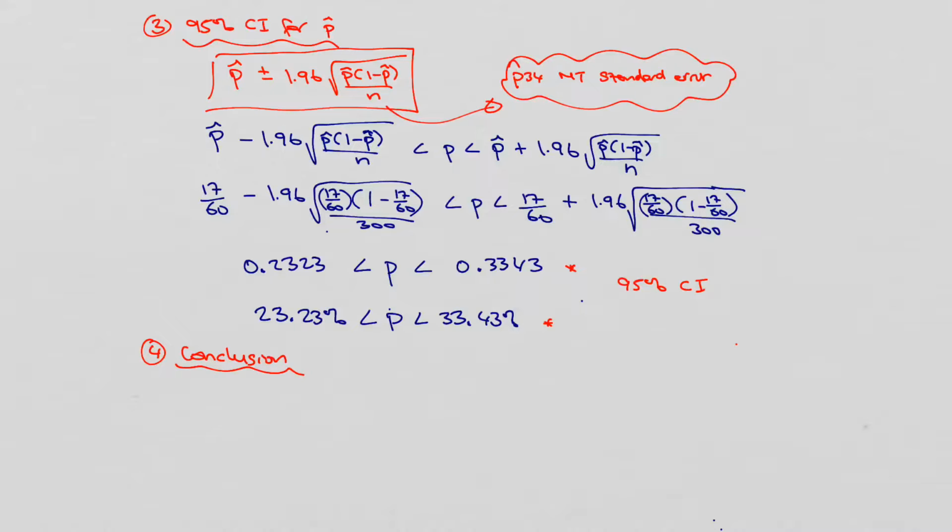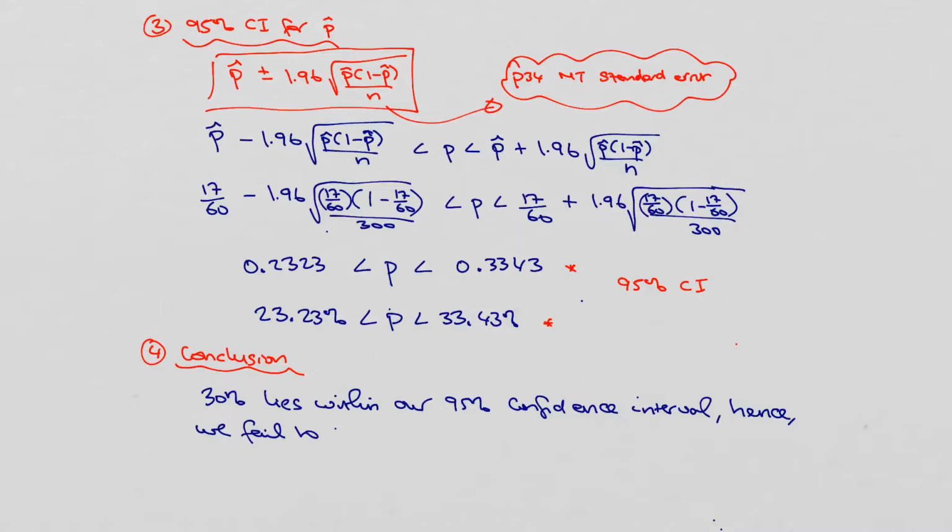And therefore, what are we going to do? Well, we're going to fail to reject our null hypothesis. So we state: 30% lies within our 95% confidence interval. Hence, we fail to reject our null hypothesis.